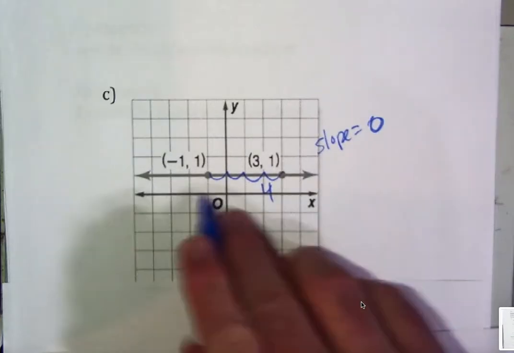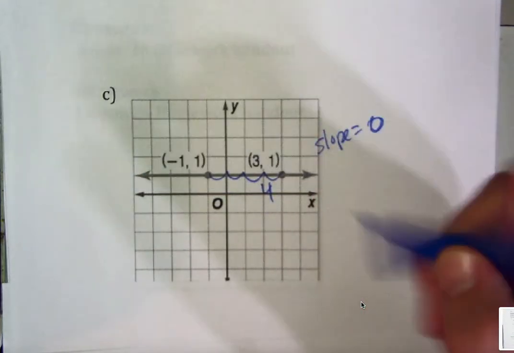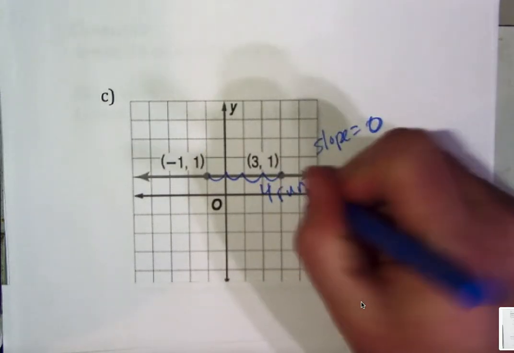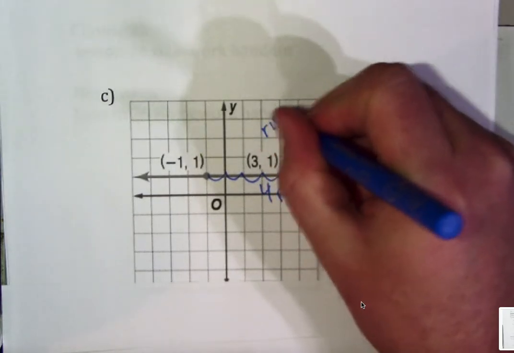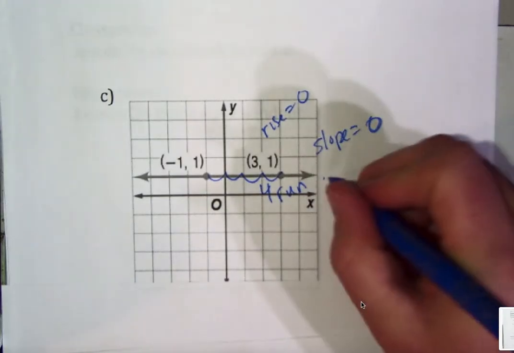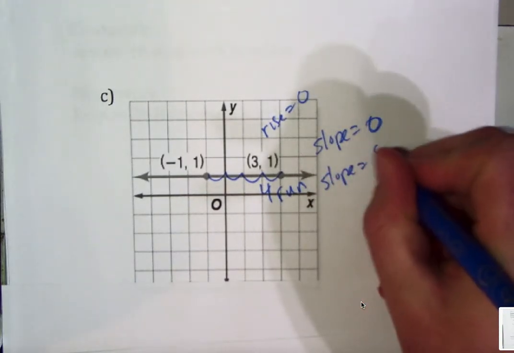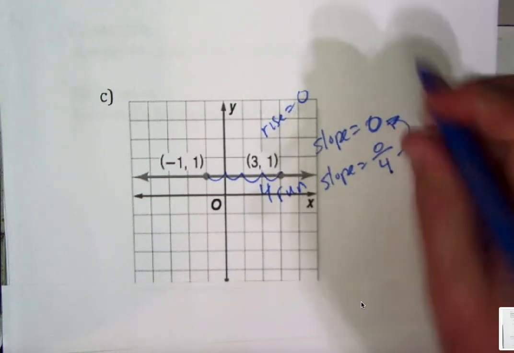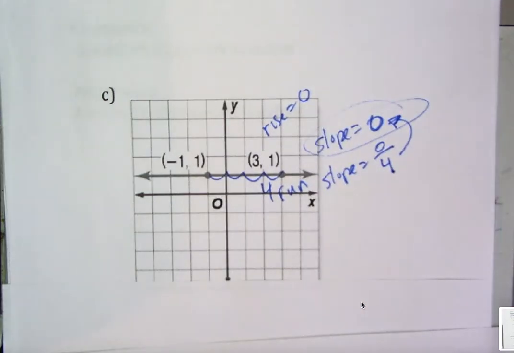It's super flat. If you wanted to get technical, the run is 4 and the rise is technically 0. So you could write your slope as 0 over 4, but that's just 0 anyways, and you know it's a 0 slope, so you don't even have to do that work. Okay?